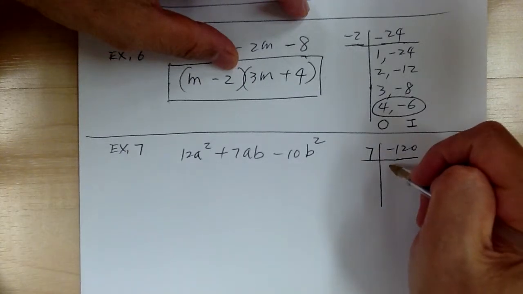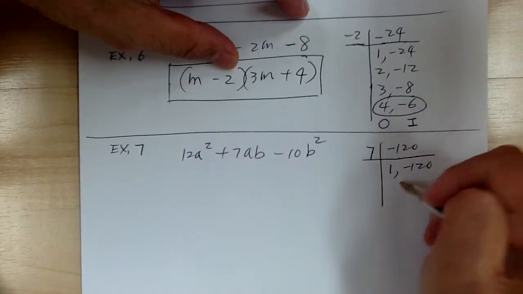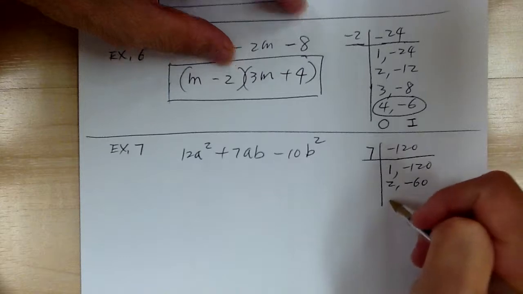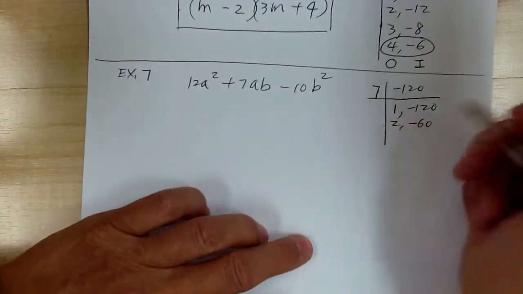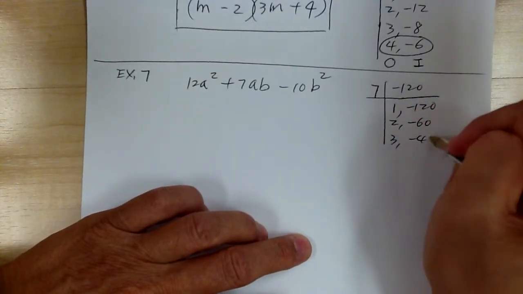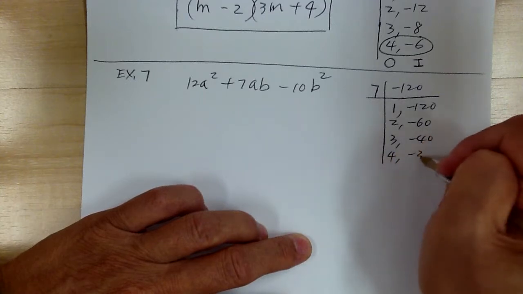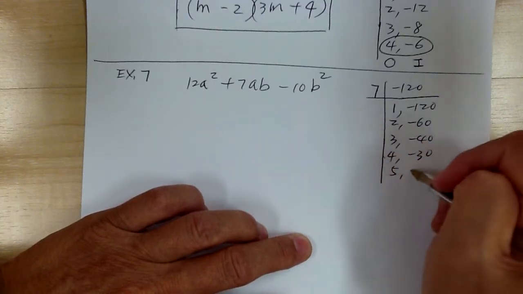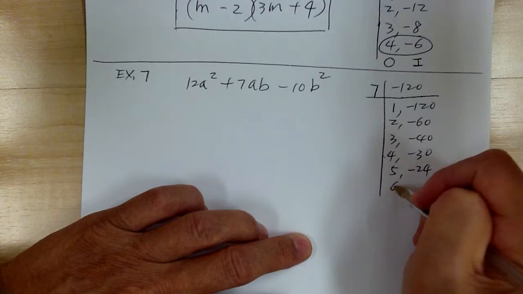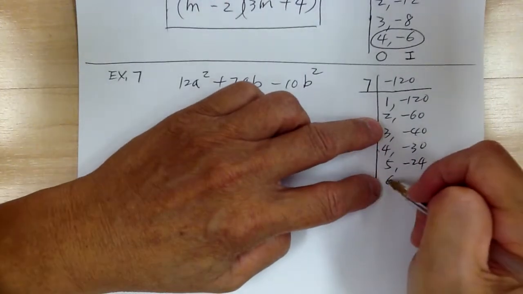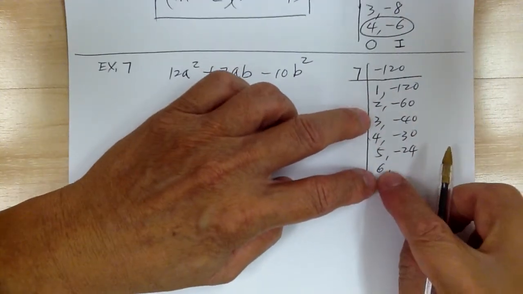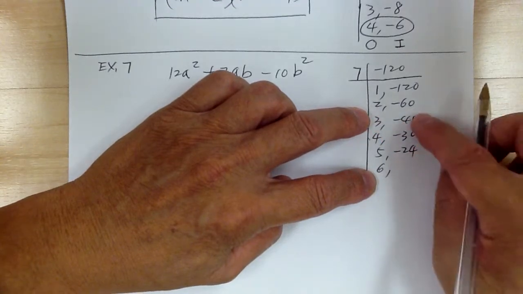So you start with 1, negative 120, 2, negative 60. Again, it's faster if you just go down the list. Okay, so you go 3, negative 40, 4, negative 30, 5, negative 24. When you get to 6, right, use the 3 to help you to get the answer. So this is twice as a 3, so this would be half of that to compensate.